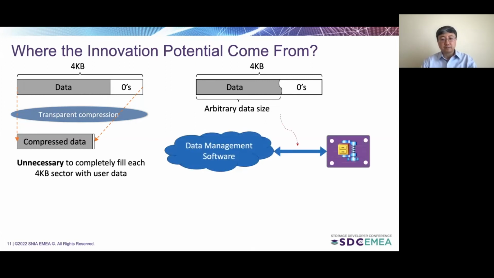This could bring a unique opportunity to rethink the design and implementation of data management software to gain various benefits such as higher performance and a lower implementation cost.